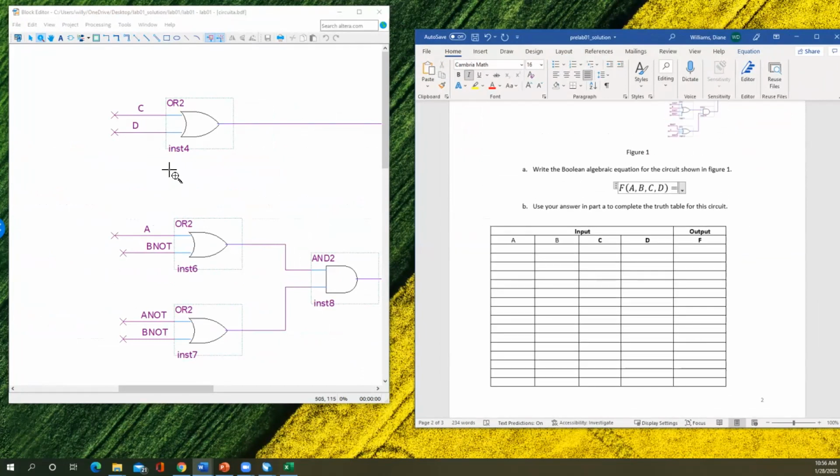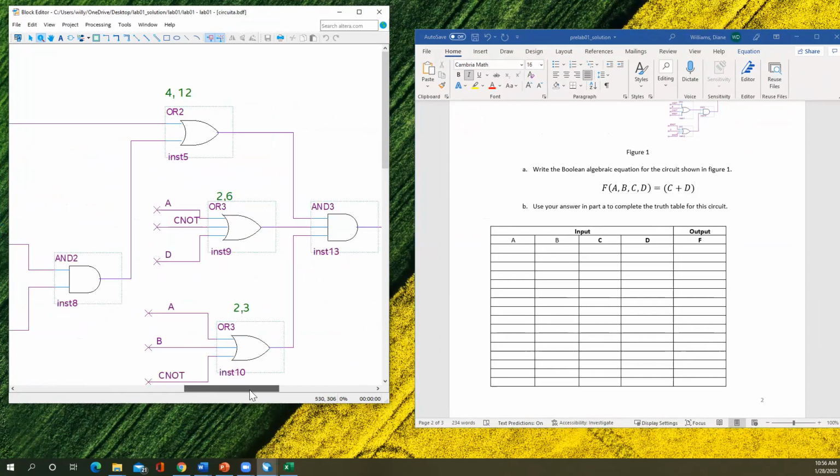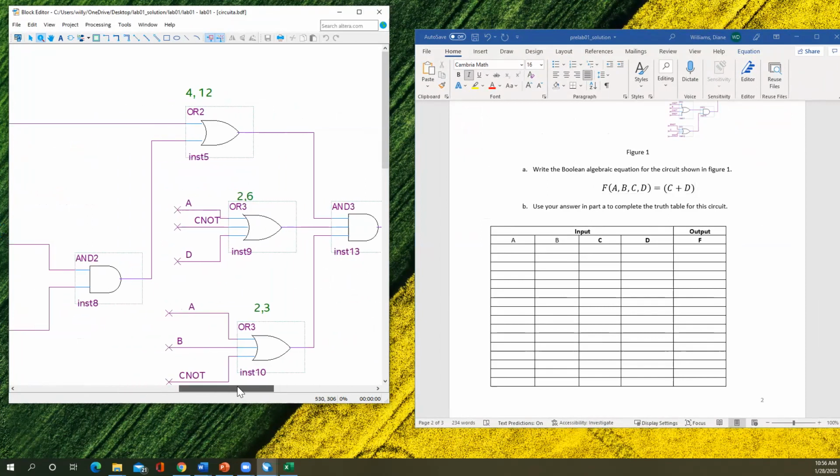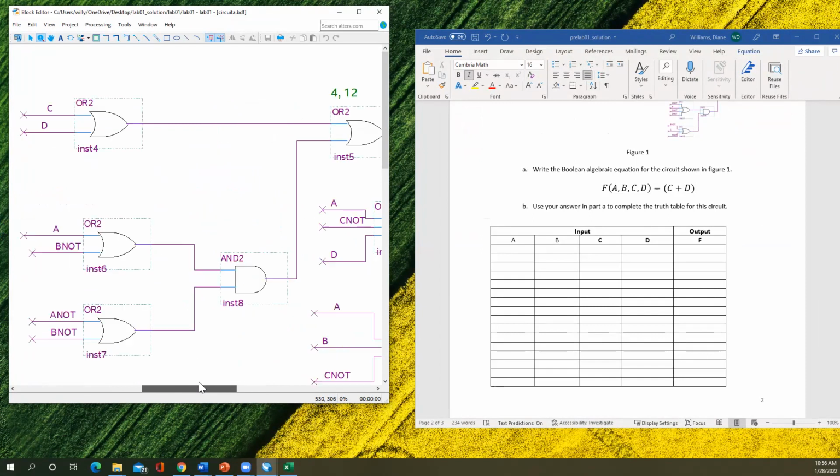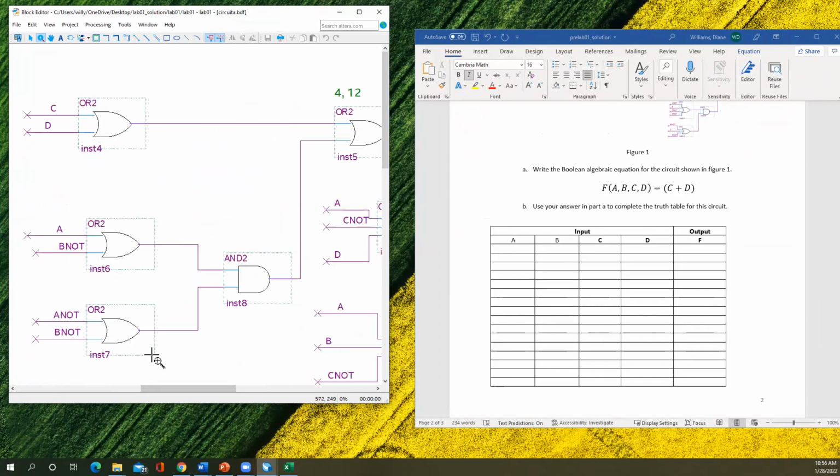All right, so this term right here is going to be C ORed with D. That's going to flow into another OR gate, which is going to be ORed with these terms here.